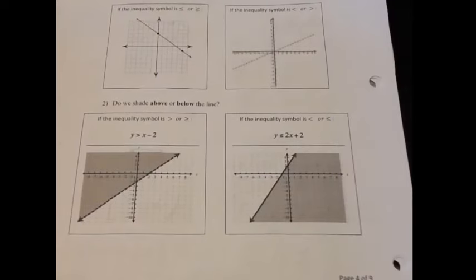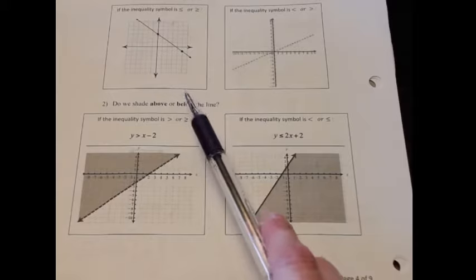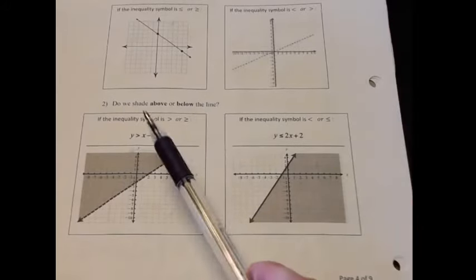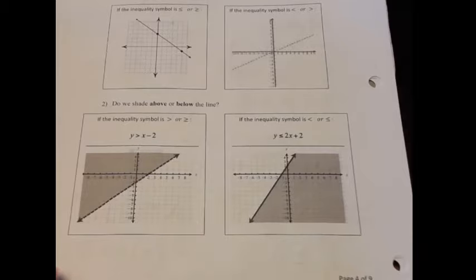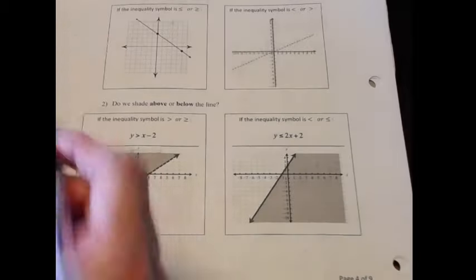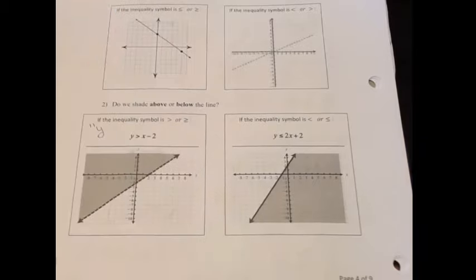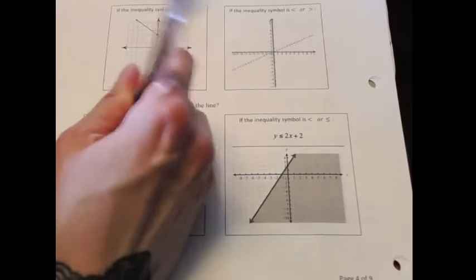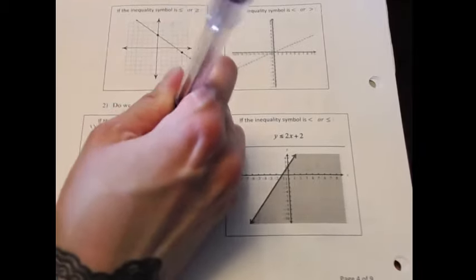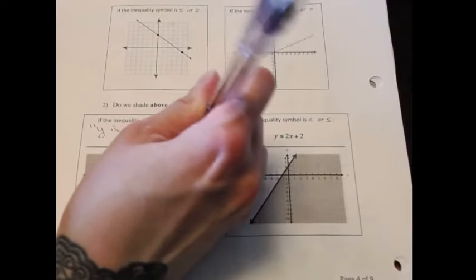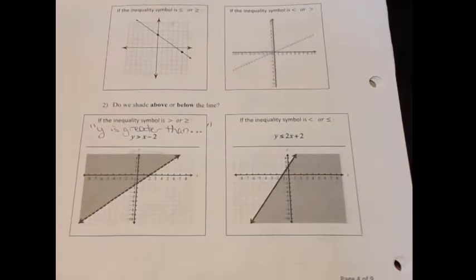The second thing is we have to consider, where are we going to shade? Am I going to shade above or am I going to shade below? Here's how I want you to think about it. For this linear inequality, this reads y is greater than, and it honestly doesn't even matter what else it says there.